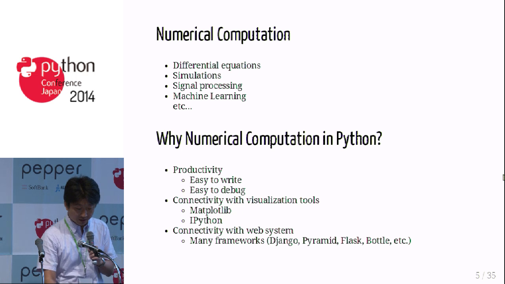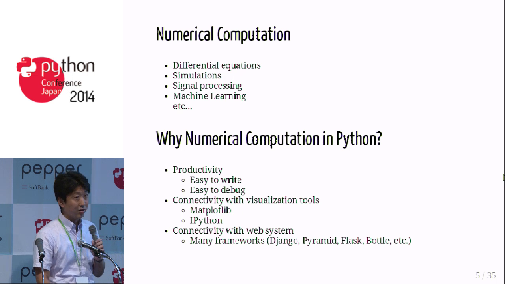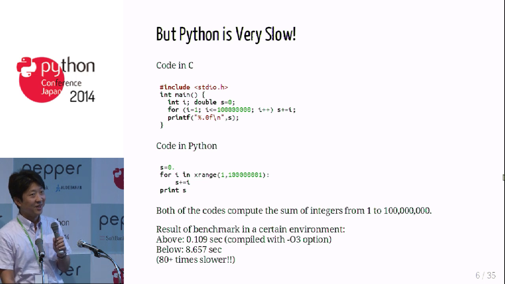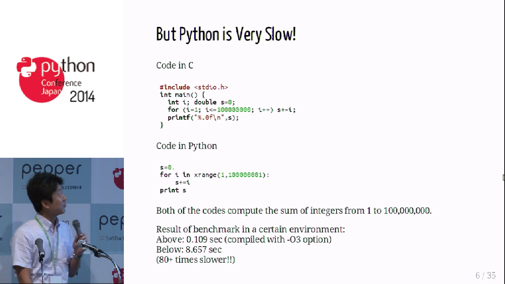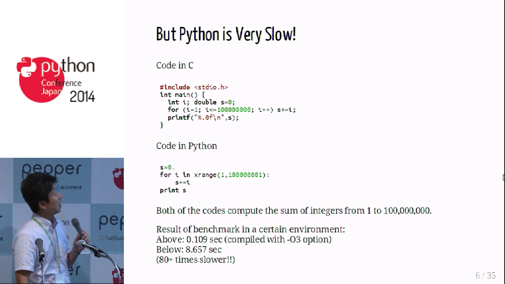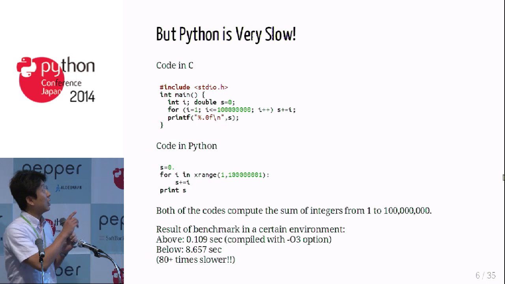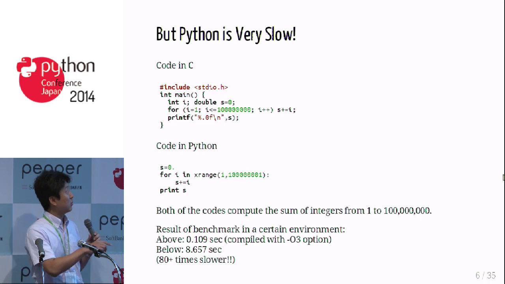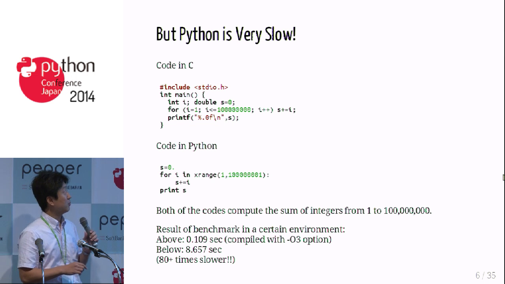But okay, so Python is easy to use and easy to debug, but Python is very slow, isn't it? Why do you use Python in numerical computation? This is the example. Upper one is written in C, and the one below is written in Python.